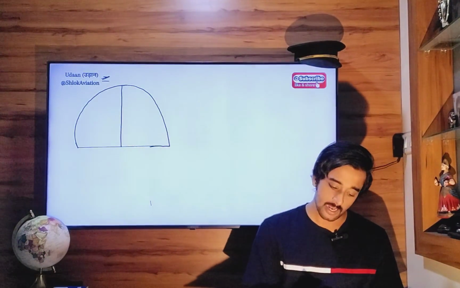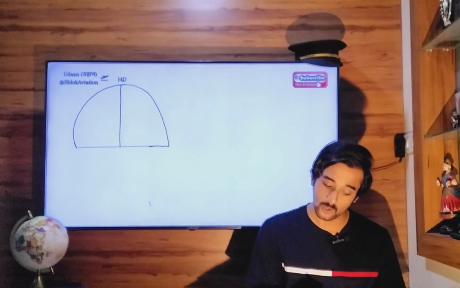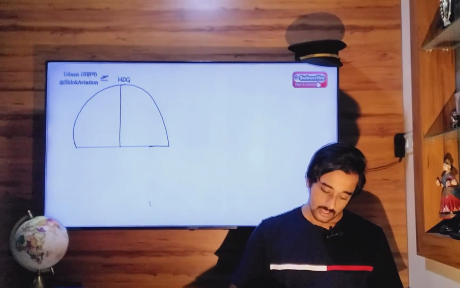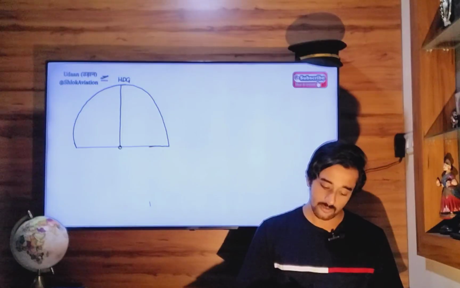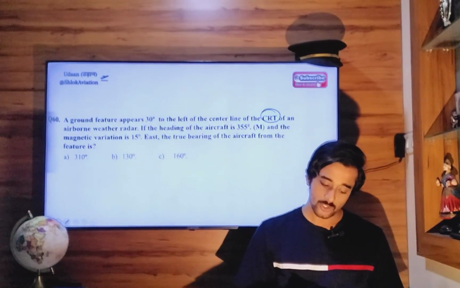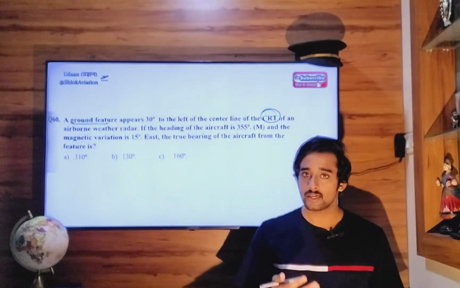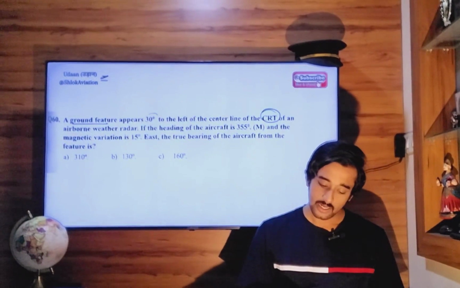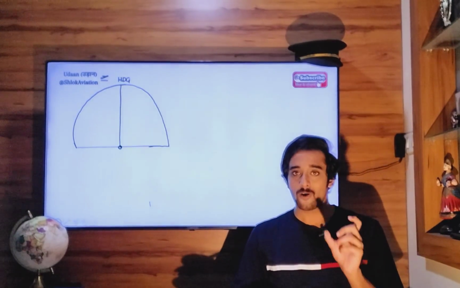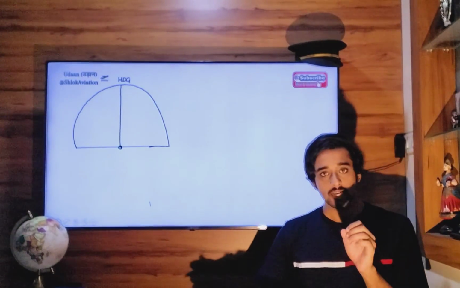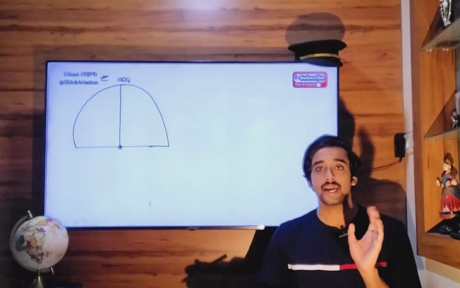This perpendicular line will be the heading of your aircraft, true heading. Okay, so your aircraft is at the center here, flying straight, flying its heading, and there is an object, a ground feature, an island, forest, whatever, 30 degree to the left of the center line. That means relative bearing of this particular ground feature is 30 degree to the left of your heading.